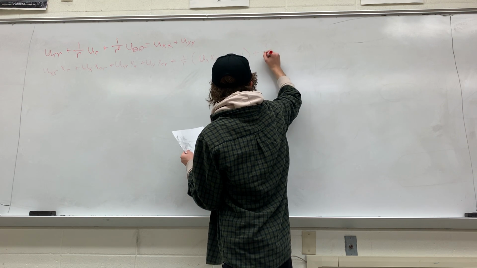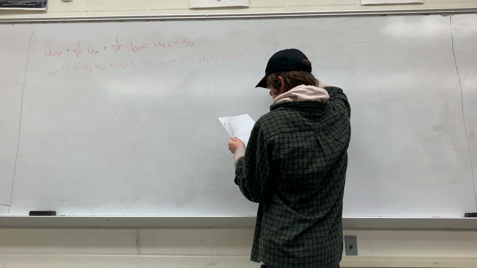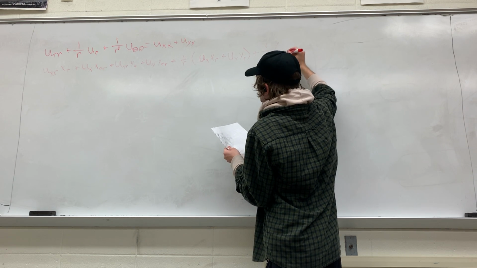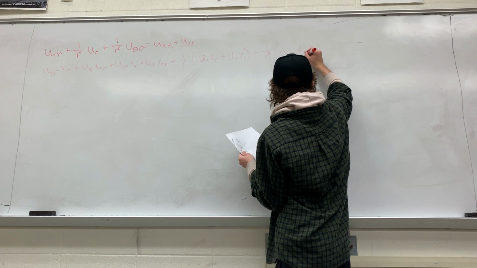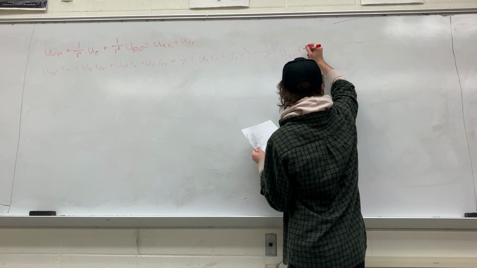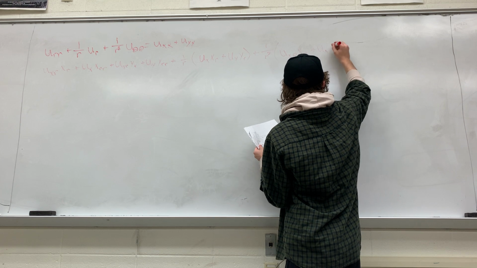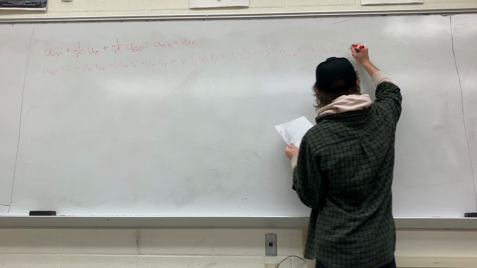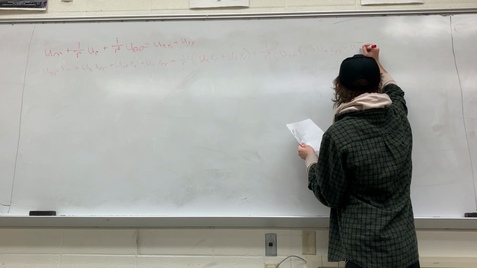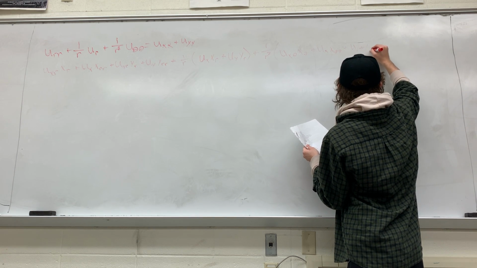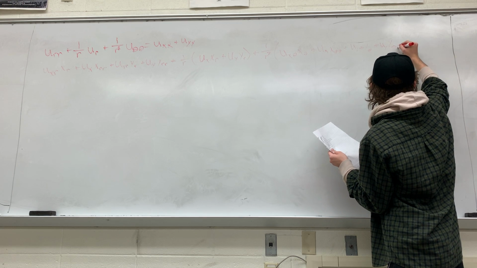Then we have 1 over r squared of U theta theta, which is practically the same thing as U_rr: U_x theta plus U_x theta plus U_y theta y theta plus U_yy theta theta.